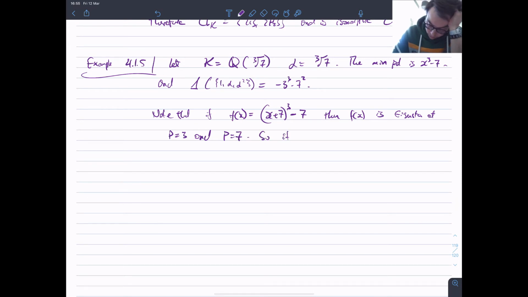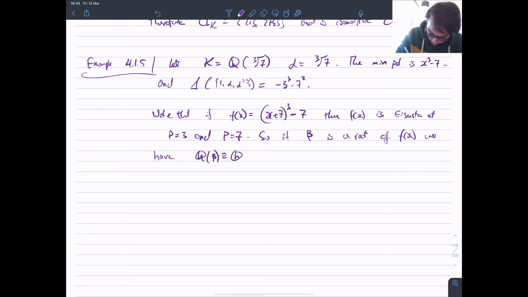So if beta is a root of f of x, what do we have? The roots are just a linear shift of each other, so Q of beta is isomorphic to Q of alpha, where alpha was the cube root of 7.